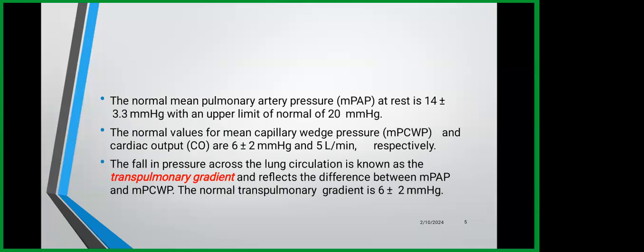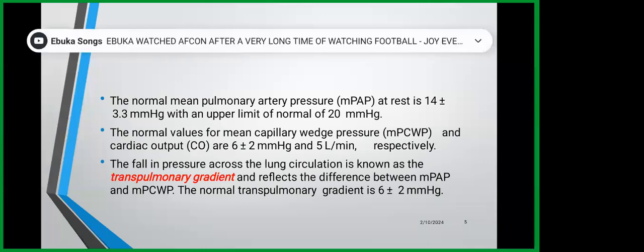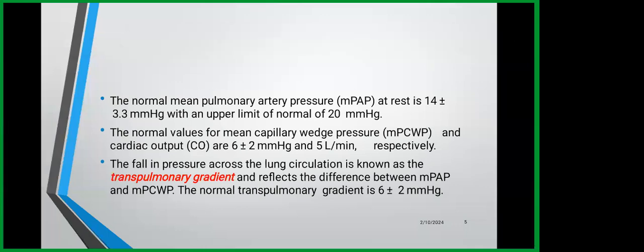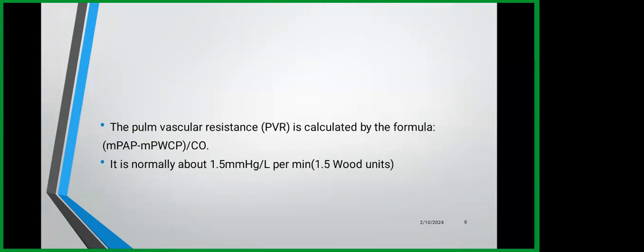There is a fall in the pressure gradient across the lung circulation, known as the transpulmonary gradient. This gradient reflects the difference between the mean pulmonary artery pressure and the mean pulmonary capillary wedge pressure. The normal difference is 6 plus or minus 2.